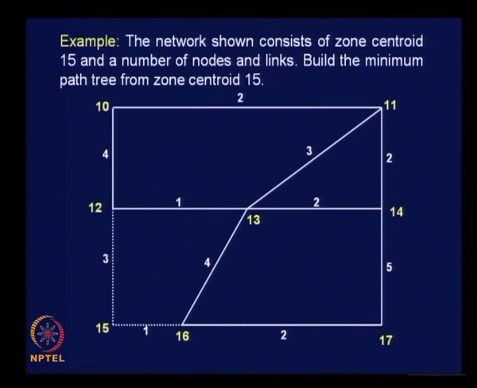There are no other zone centroids shown here, right. We are just taking a small segment of the network connected to one zone centroid here, and trying to understand the principle of minimum path tree to reach out to all the other nodes, right. And we will see how to go about doing this exercise in the next class.